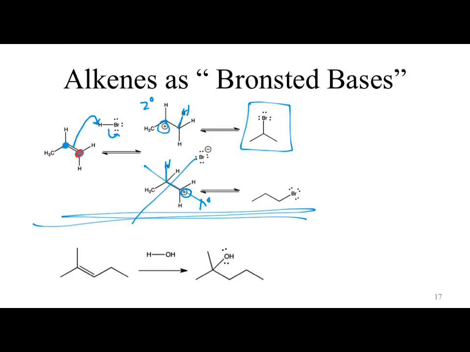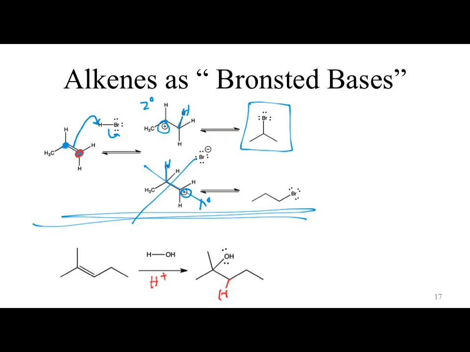The other reactivity we could see would be reacting with water and adding HOH, so adding H2O across the double bond. Water is not active enough in this reaction, so what we end up having to do is add an acid catalyst. We need that acid to react with the base of our alkene.